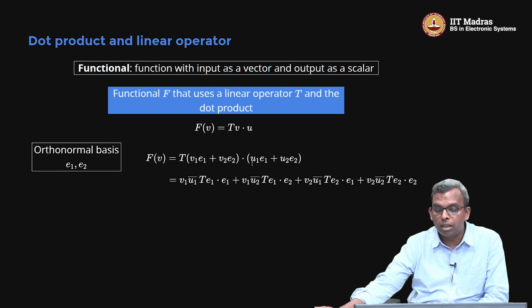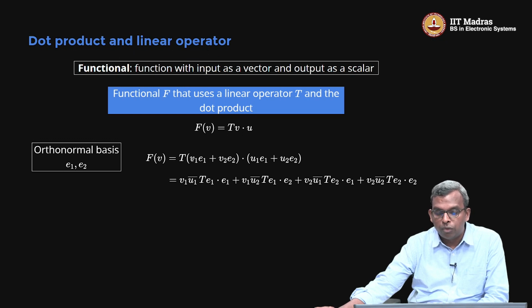And now I use the properties of the dot product that I know. Dot product is going to be linear in the first argument and conjugate linear in the second argument, right. So if you take this v1 t e1, and then take the dot product with this guy, this u1 is multiplying it, but it's in the second argument, so you'll get u1 bar.